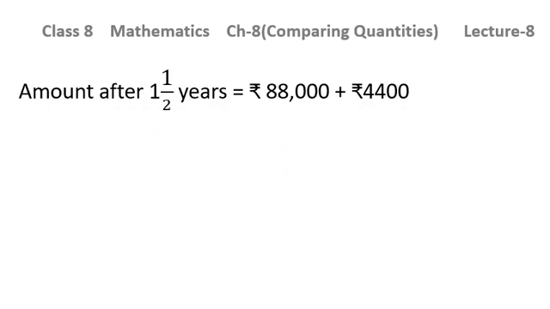So the amount after 1.5 years will be, we are adding the previous amount. For 1 year we have calculated using the compound interest formula, and this amount we used as the principal for the next half year, so it will be 92,400 in total.